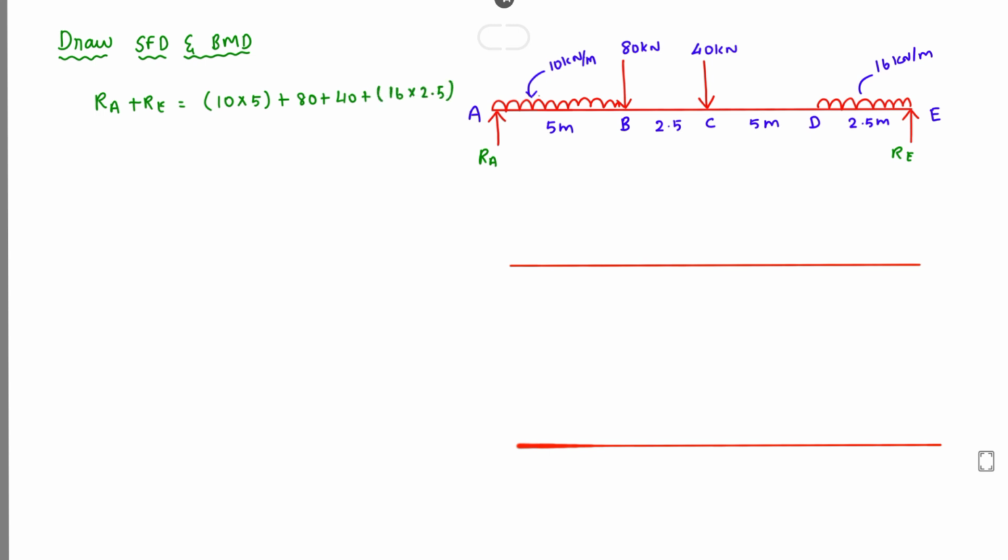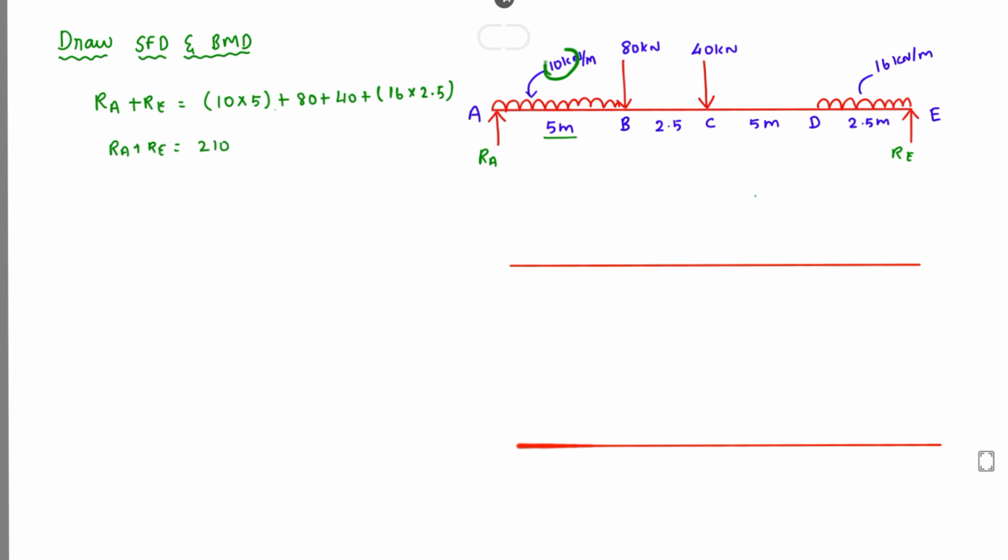For the UDL we take kilonewton per meter, so per meter length there is a load intensity of 10 kilonewton, and we multiply by the distance. So RA plus RE equals the total, which is 210.